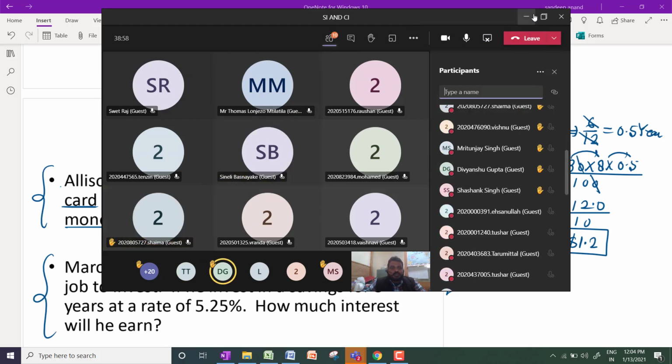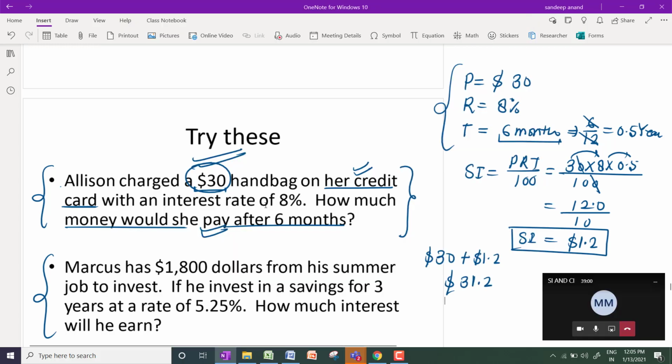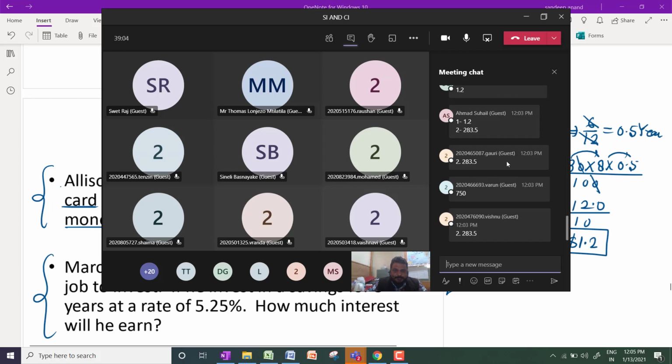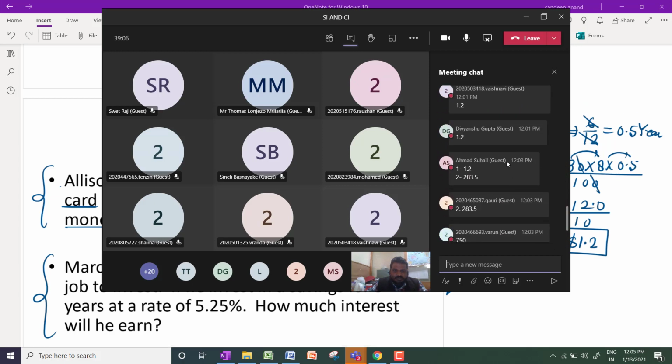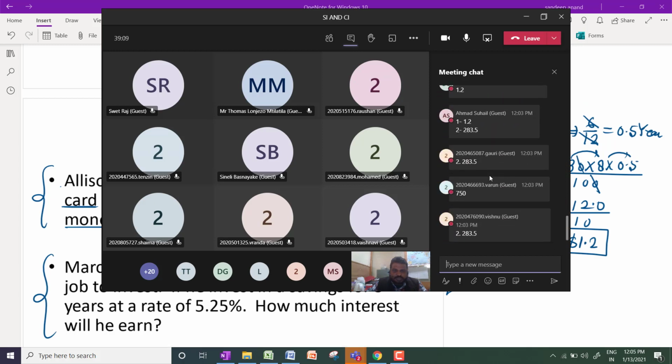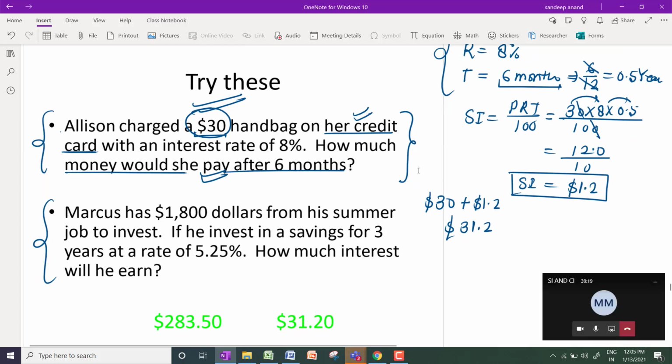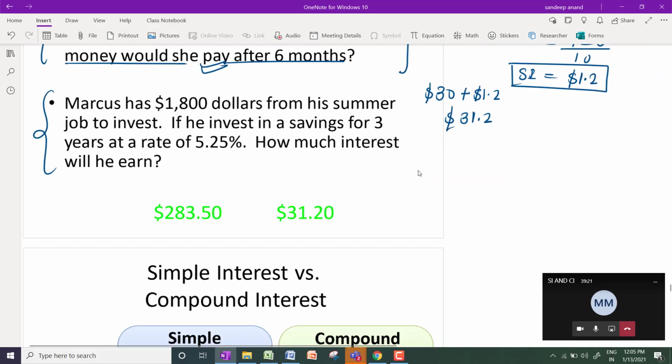Thank you. Now try the second question. So many replies I already have. Second answer: Ahmed Suhail said 283.5, Gauri 283.5, Varun 750, Vishnu 283.5. Okay, look at the screen. I'm going to solve this. The correct answer is 283.5. But how can you solve this?